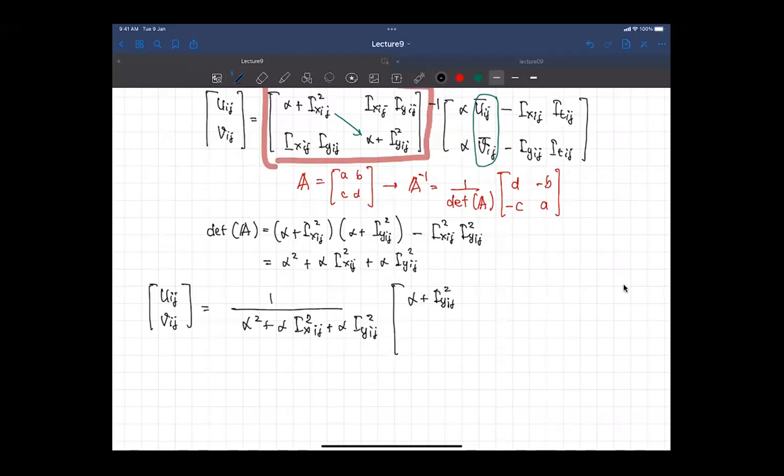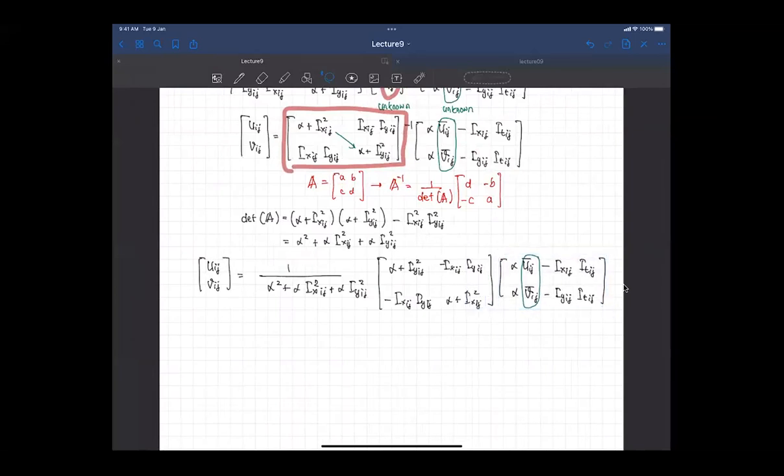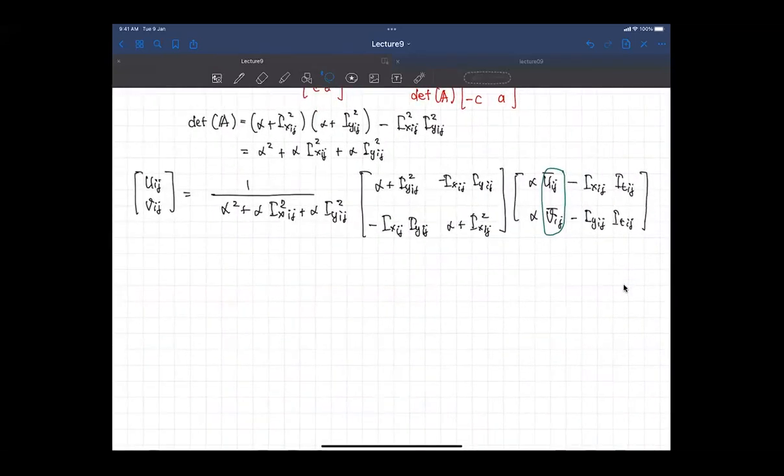This one is minus Ixij Iyij, minus Ixij Iyij, alpha plus Ixij squared, multiplied by the rest here.